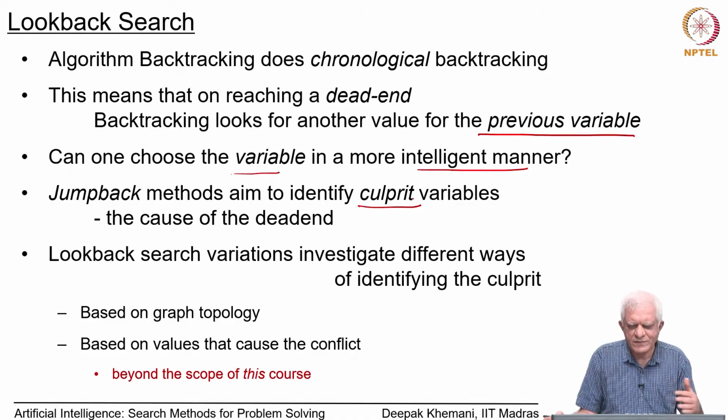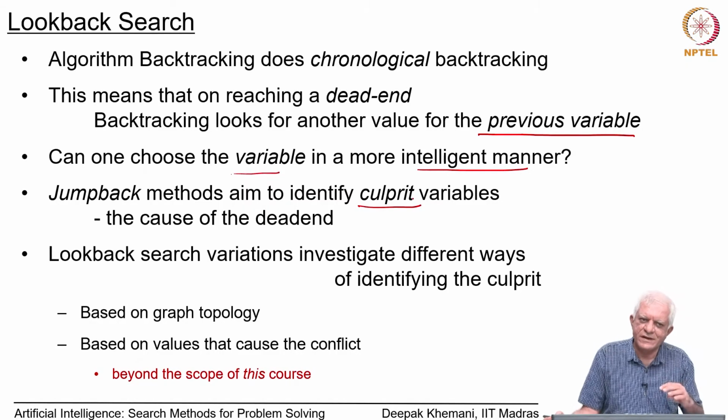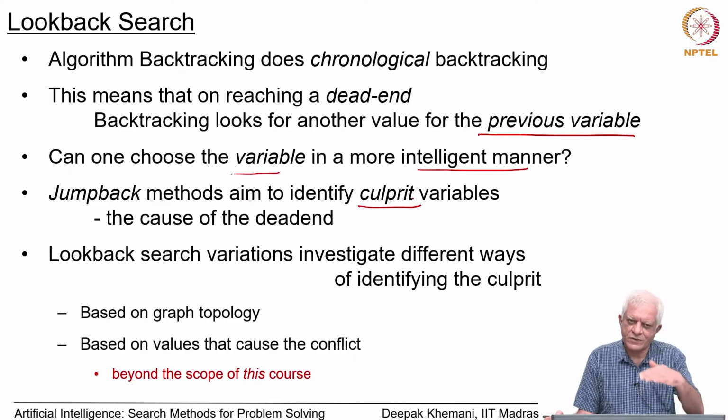So, there are algorithms, for example, there is an algorithm called conflict directed back jumping. It figures out which variable I should go and change instead of plodding through in a chronological fashion. If you are looking at variable I, go back to I minus 1, try all values for I minus 1, then go back to I minus 2, try all values, and so on.